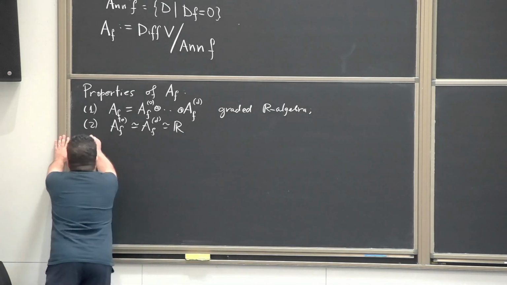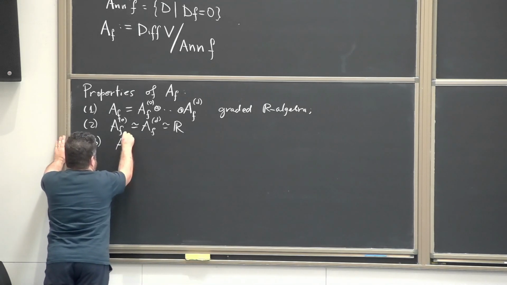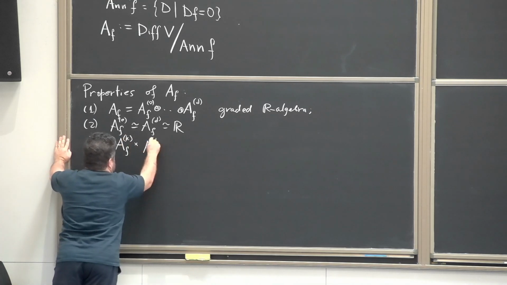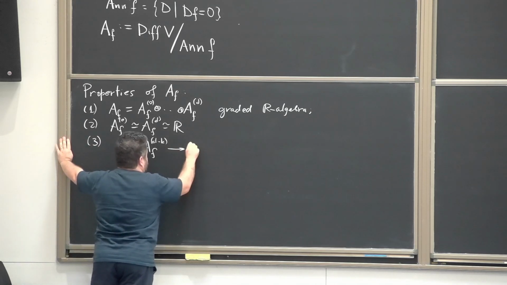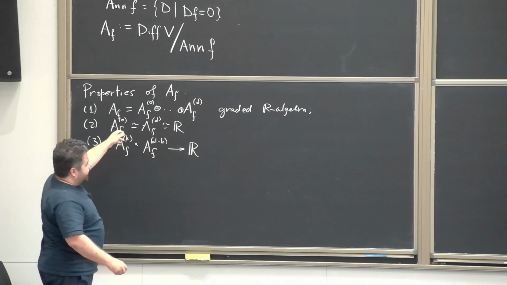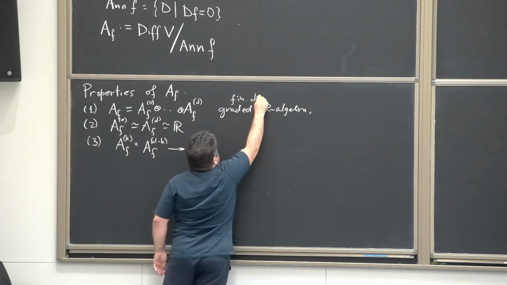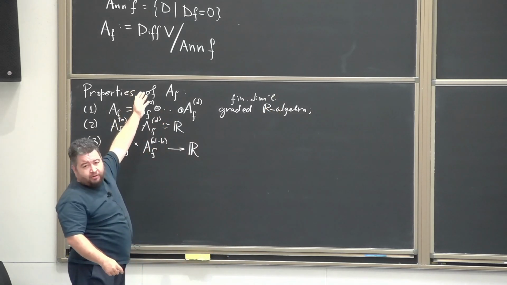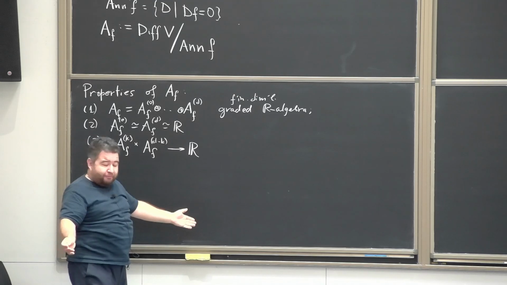So I can define the following pairing: A_f in degree k times A_f in degree d minus k into R. This is a graded R algebra, and it is finite dimensional, because a differential operator of sufficiently large degree will cancel my f.